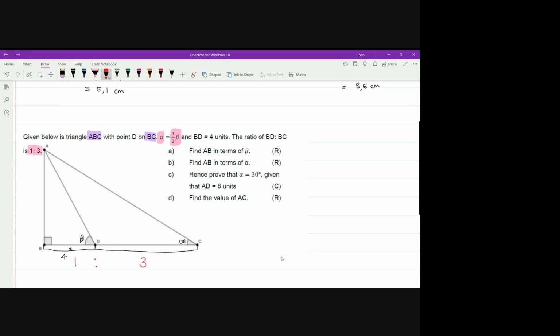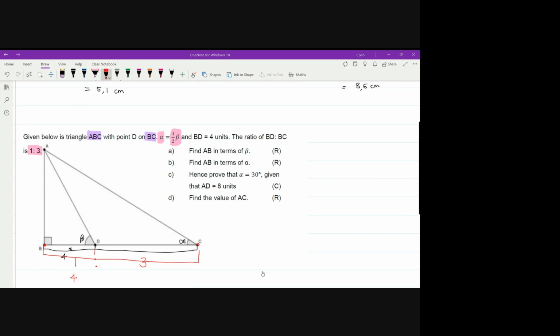This 1 over here is 4. That whole thing there is 3. Now, if this over here is 4, how much is going to be from there to there?